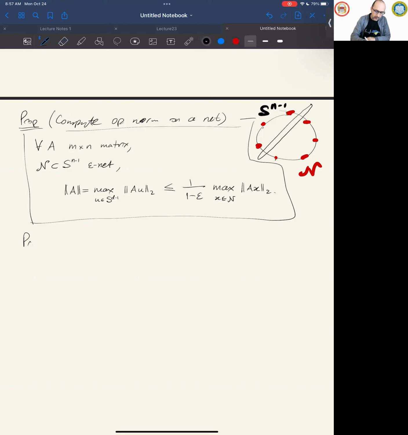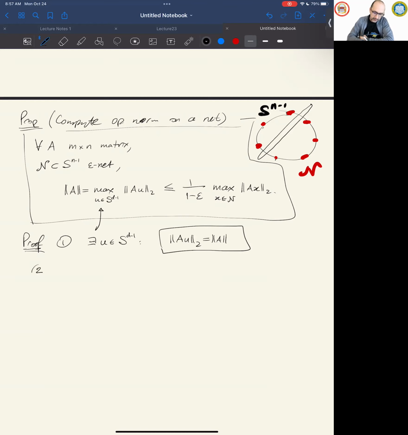So proof, and you guys follow this because one of the homework problems is very similar. So the proof is very canonical. First, you choose the optimizer of the original problem. So there exists U. So you choose a solution to the original problem for which AU attains the operator norm.